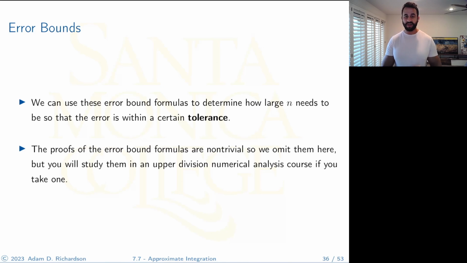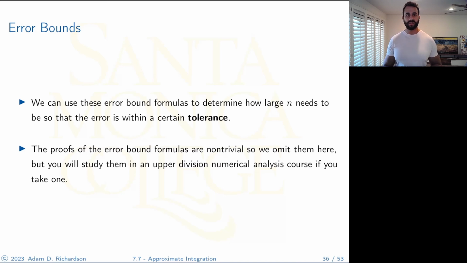But what's nice about having error bounds is we can use these bounds to determine how large n needs to be so that the error is within a certain tolerance. So for example, maybe somebody says, you know what, I don't need the value to be exact, but I need it to be correct to 7 decimal places. Well, a good question is, if you need accuracy to 7 decimal places, how many subintervals do I need to use?